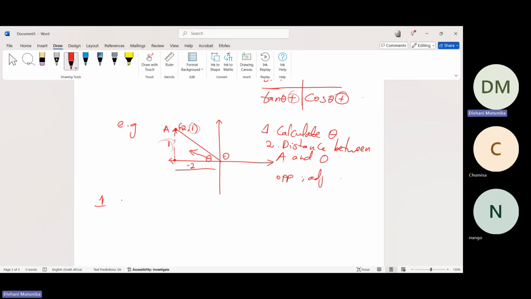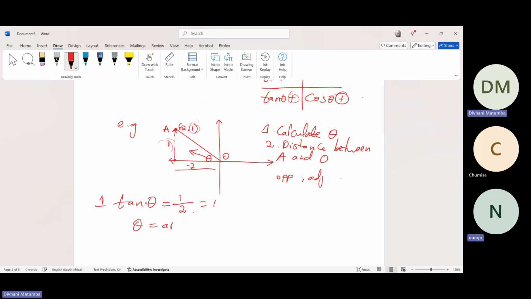So the tan of theta is given by opposite, 1, divided by adjacent, let me write it as 2. So the tan of theta is 1/2, which is 0.5.